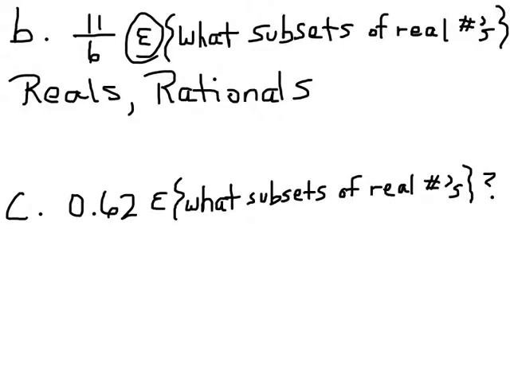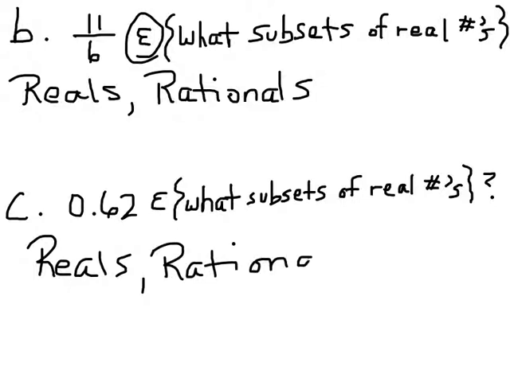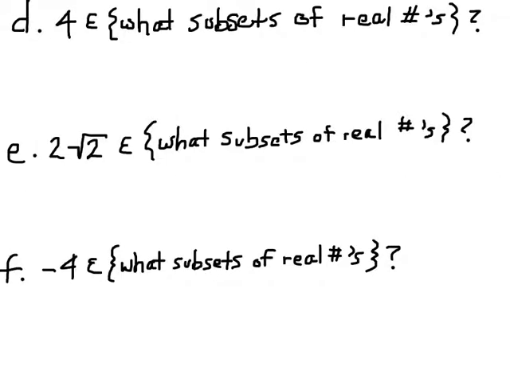All right, C, 0.62 is a member of what subsets of real numbers? Well, a decimal is going to be the same thing as a fraction. It's still going to be reals and rationals. Four is a member of what subsets? All right, now that's going to take more. We know it's a real number. And if it's a real number, it's in the category rational numbers.